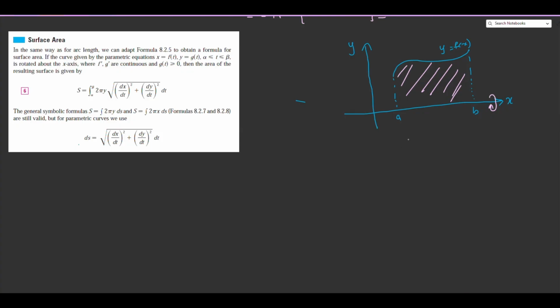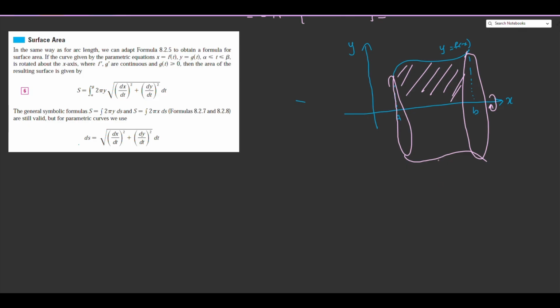A surface will be generated. What is the main question here?